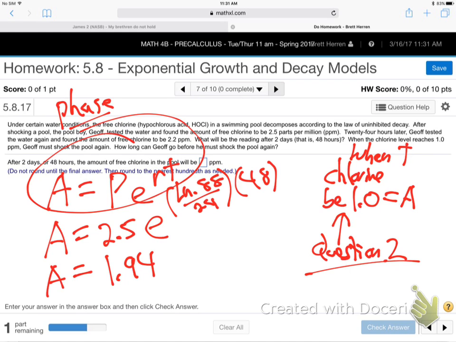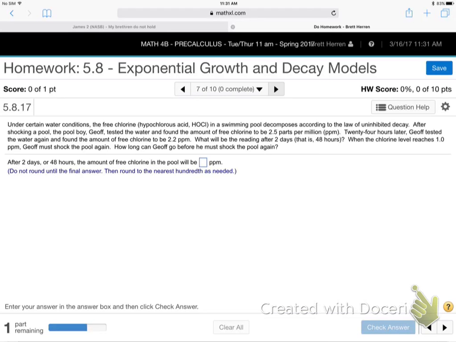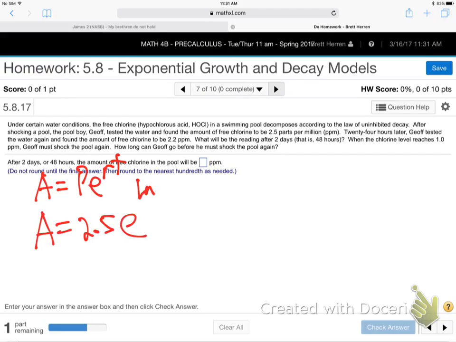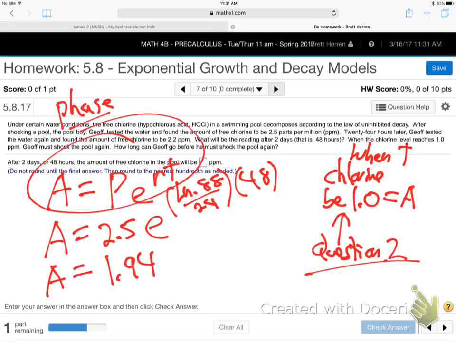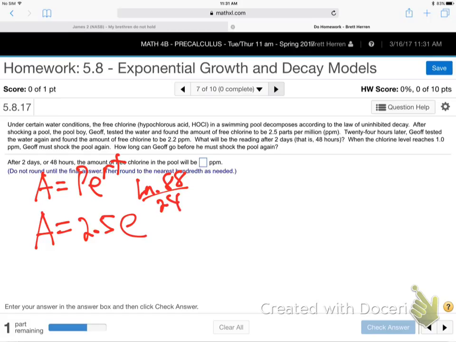So I'm going to go to a fresh screen. This is a long problem. It's a three-screener. So we've got the PERT, and the initial amount is 2.5. What was the R? It was ln of 0.88 over 24, right, to the T. So there's our formula.